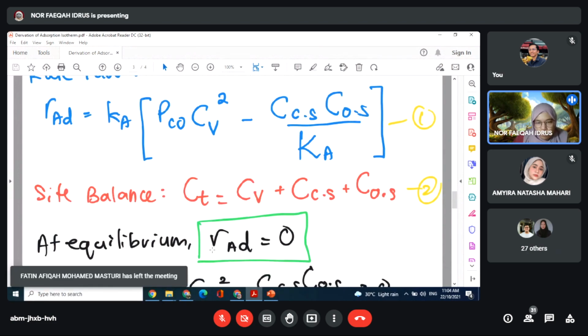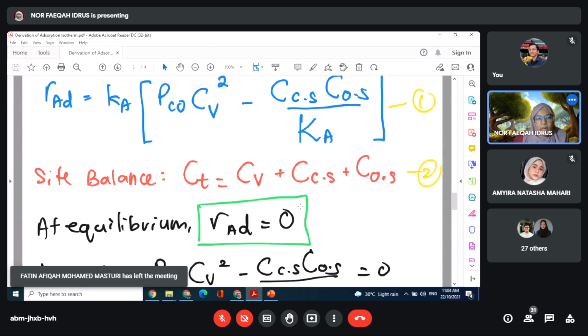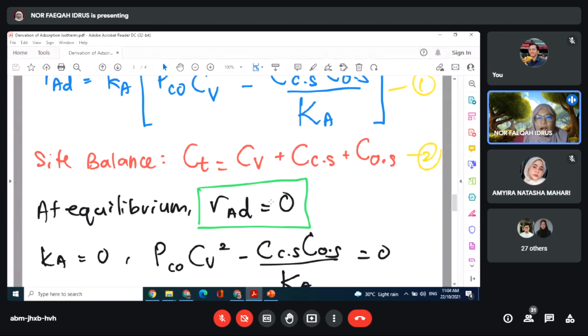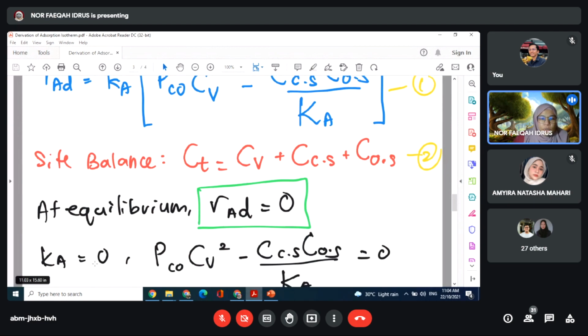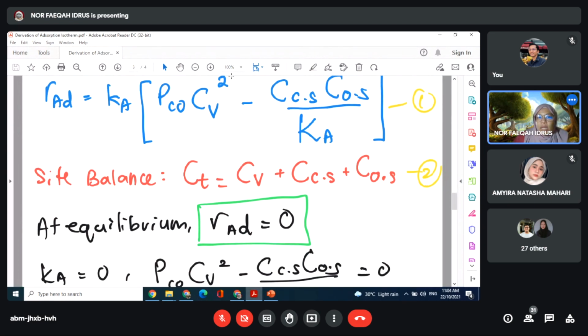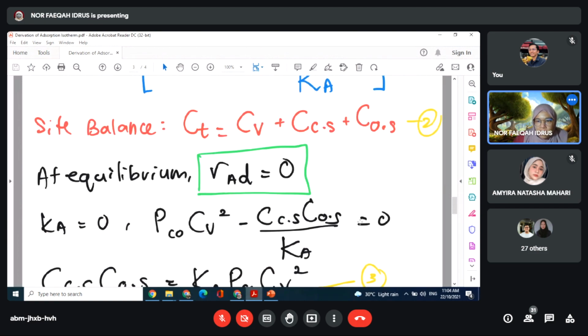You can put a negative sign or not, it is not wrong either way. And then when RAD equal to 0, Ka equal to 0, and the term inside the bracket also equal to 0.